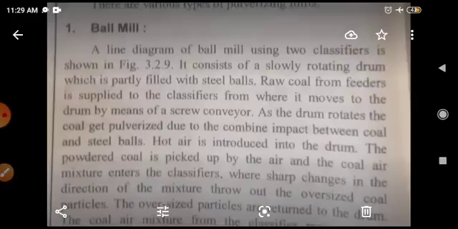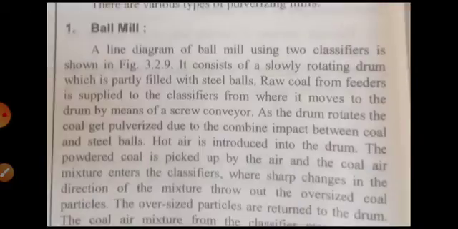Okay, we just saw the diagram of the ball mill. It consists of a slowly rotating drum which is partly filled with steel balls. Raw coal from the feeder is supplied to the classifiers, from where it moves to the drum by means of a screw conveyor. As the drum rotates, the coal gets pulverized due to combined impact between coal and steel balls. Hot air is introduced into the drum.